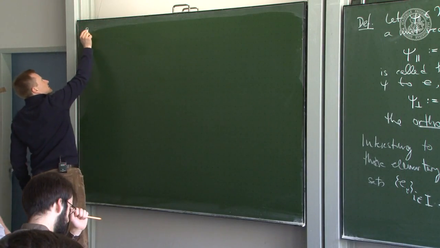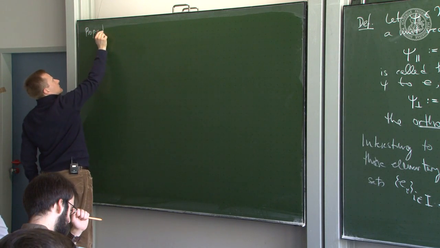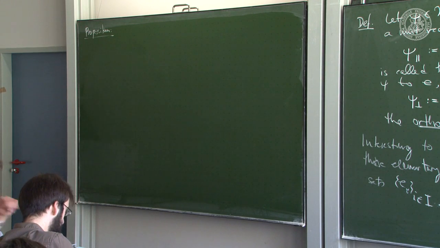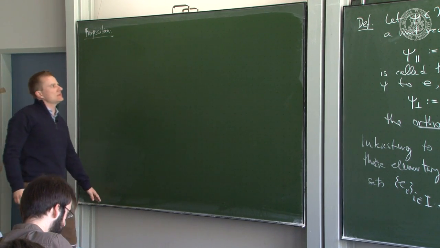So this definition comes in the form of a proposition, because one cannot simply define here. One needs to prove that all the limits exist.